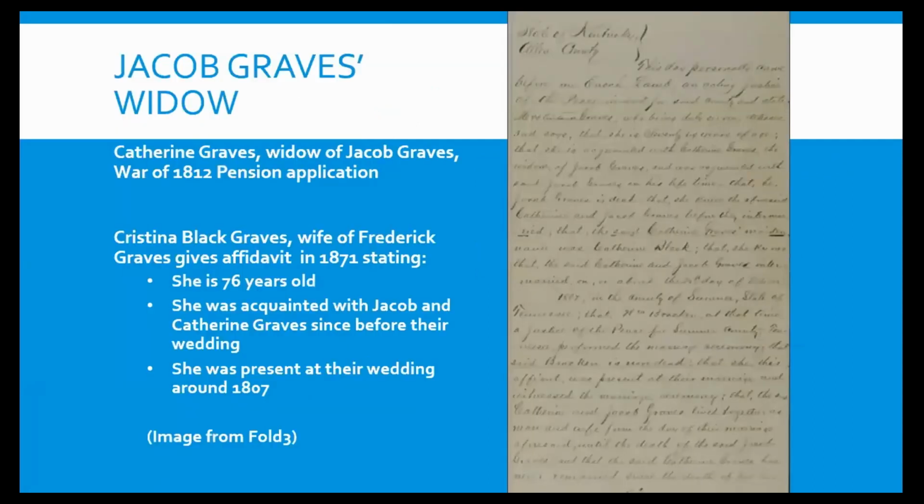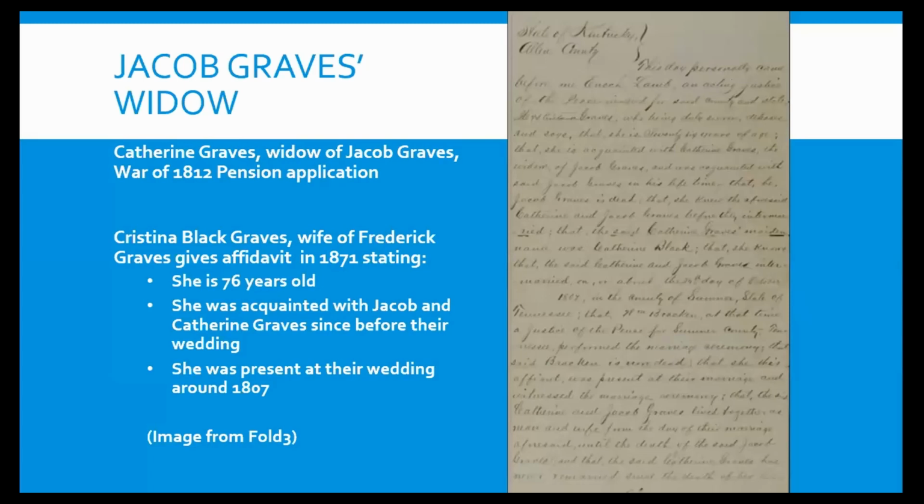And then Jacob Graves' widow also has to provide some statements from witnesses. And one of hers is from Christina Graves, who was the wife of Frederick Graves. Christina says she's 76 years old in 1871. She's acquainted with Jacob and Catherine Graves since before their wedding, and she was present at their wedding.